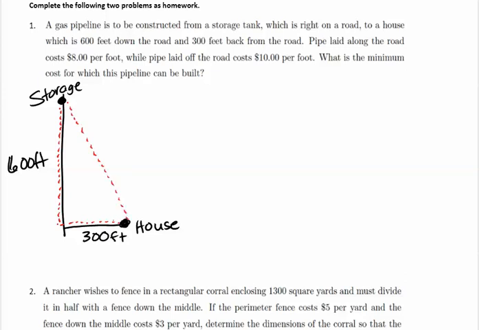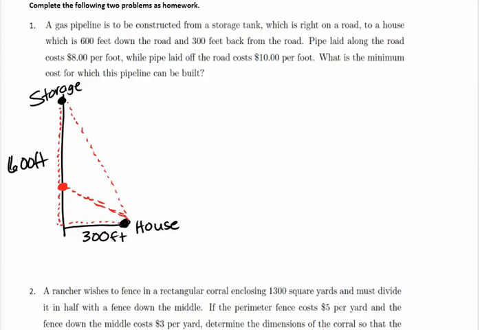to the house. Well, hopefully your instinct from our problem of swimming and running across the river might lead you to say, I bet we should build the pipeline part of the way down the road and then have the hypotenuse go over to the house.